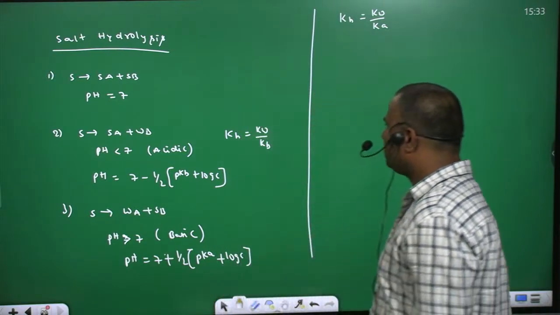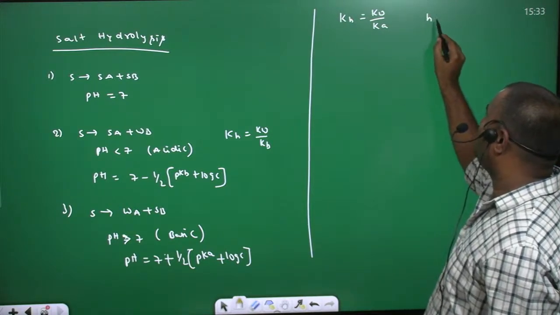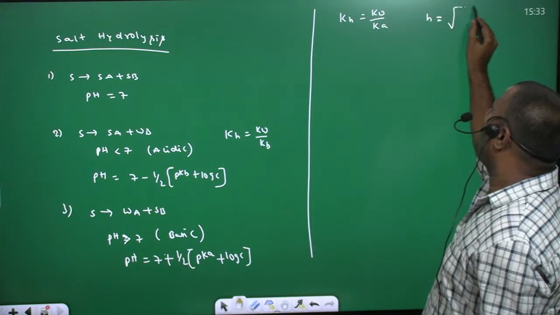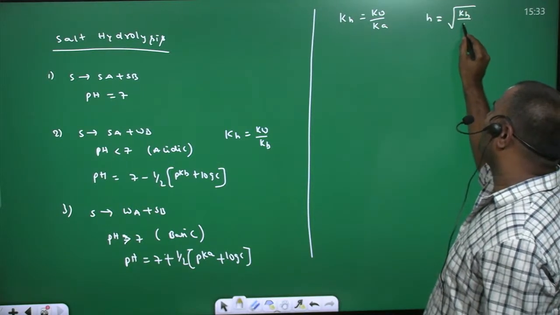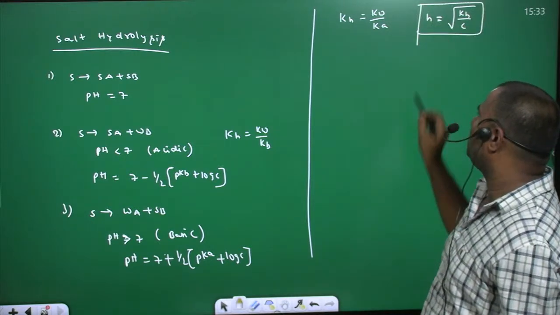For the degree of hydrolysis h, the formula is the same for all the compounds: h equals root over Kh by C.